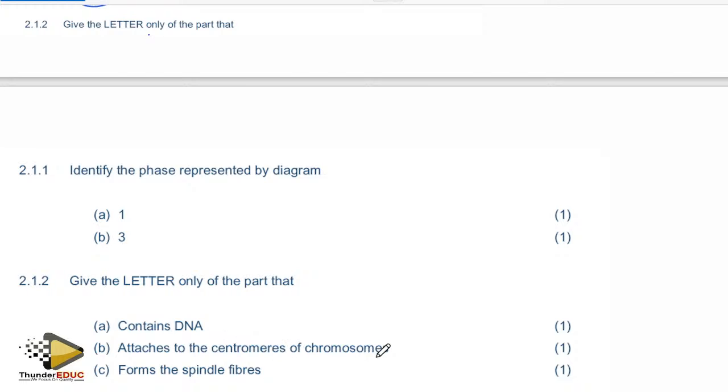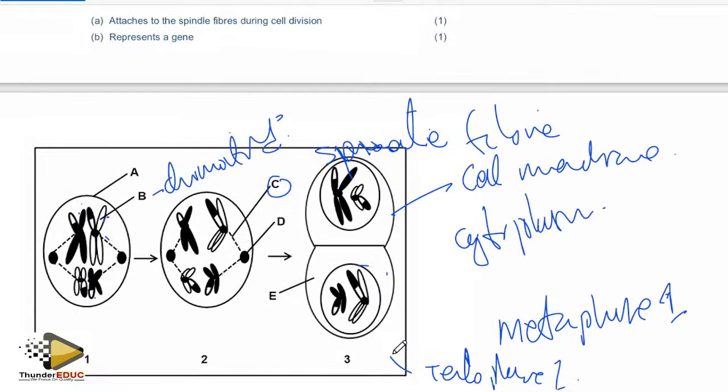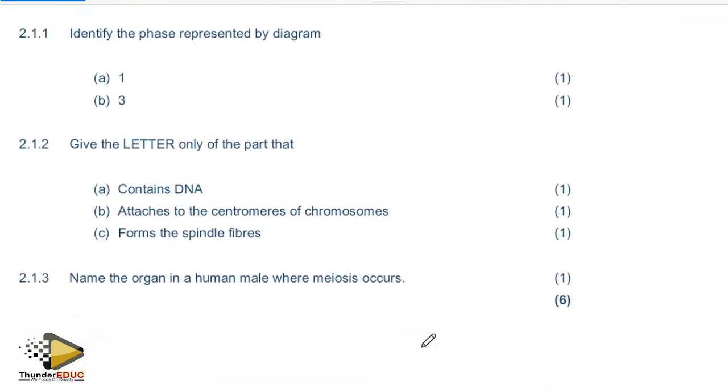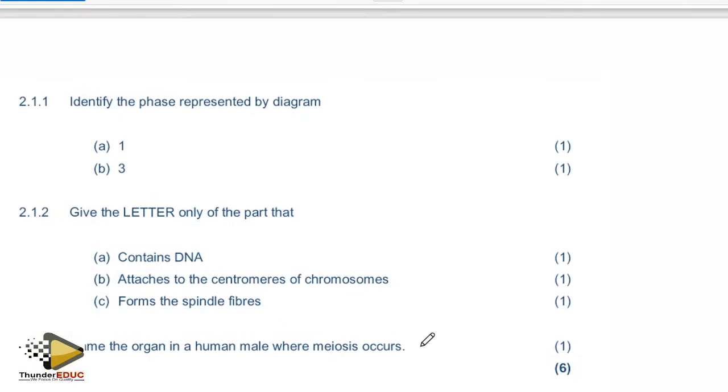Then they are saying, attached to the centromere of a chromosome. They are looking for the part which attaches itself. So the spindle fibers are the ones which attach themselves to the centromere. We are done with this.